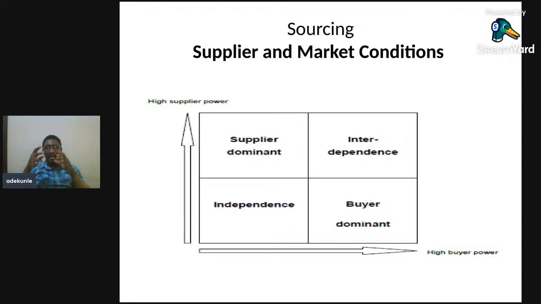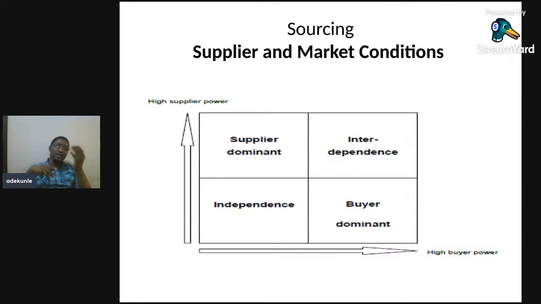In this case, the supplier can call the shots on what happens, especially when they are producing a monopolistic market.